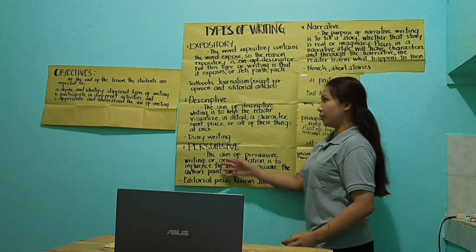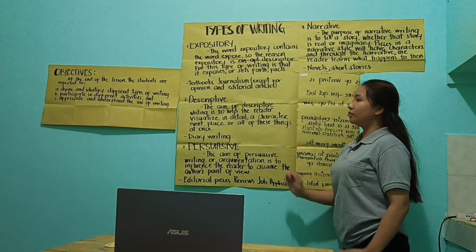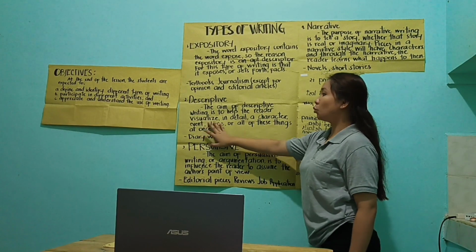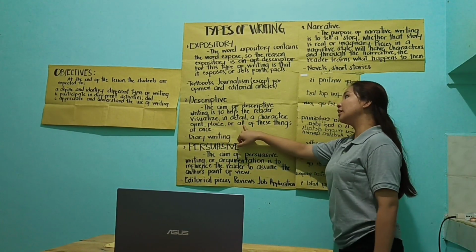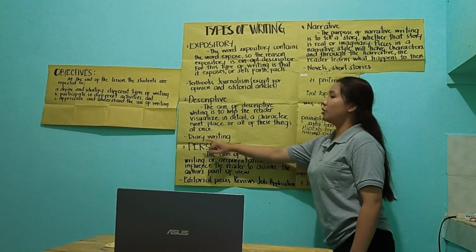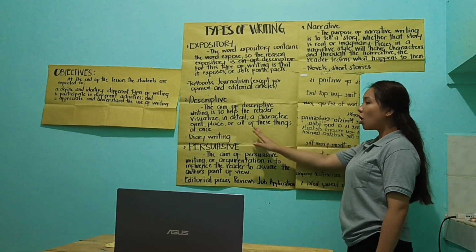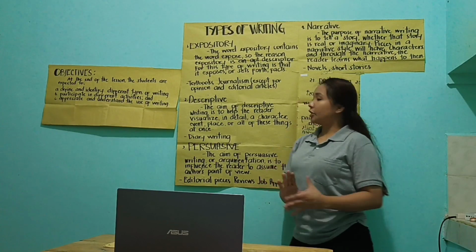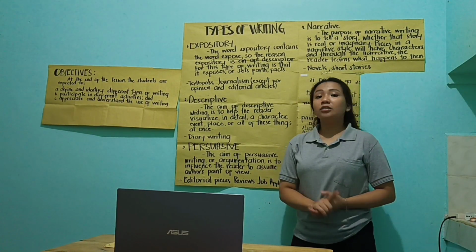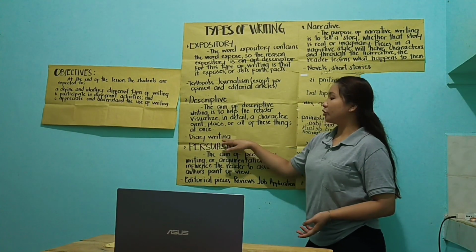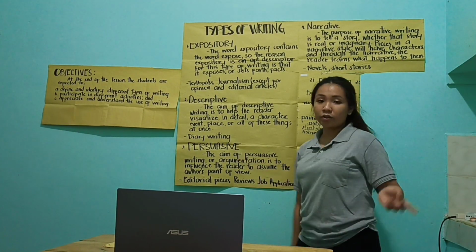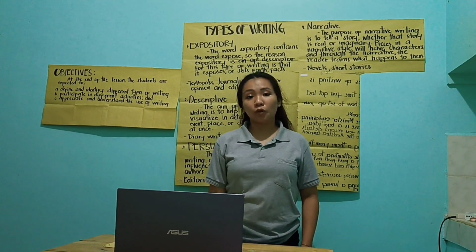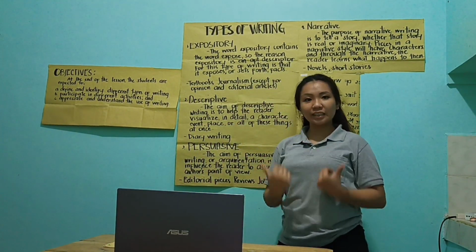Second is descriptive. The aim of descriptive writing is to help the reader visualize in detail a character, event, place, or all of these things at once. Descriptive writing can be found in diary writing and also fiction, poetry, advertising, journal. So is it clear?